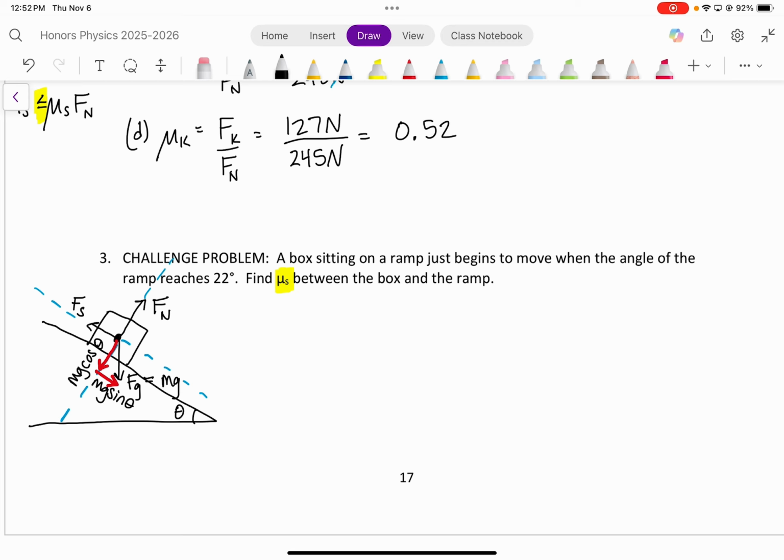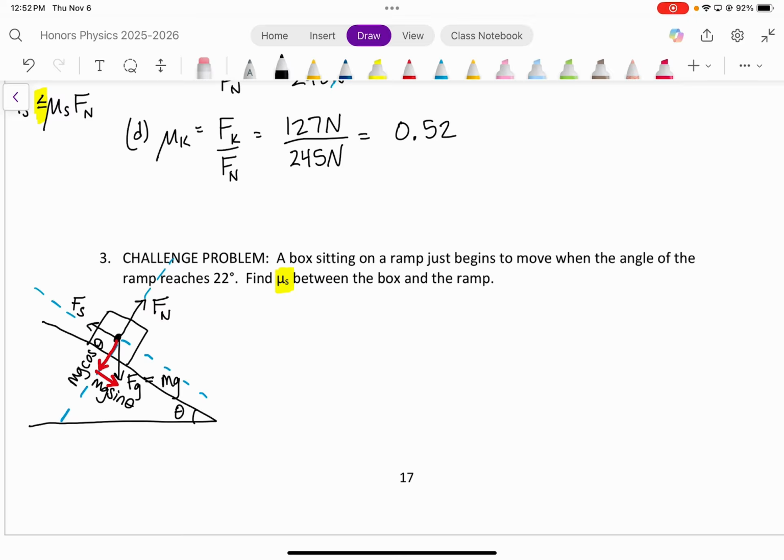We have normal force going up. We have mg cosine theta pointing down. We have static friction going to the left, and we have mg sine theta pointing to the right. So we still have just 4 forces, but instead of being very simple for us to think about, we have just tilted them.